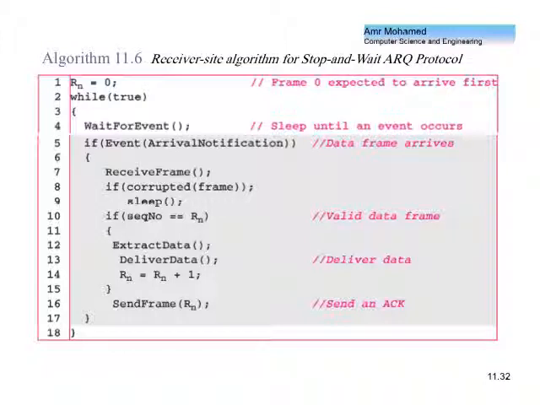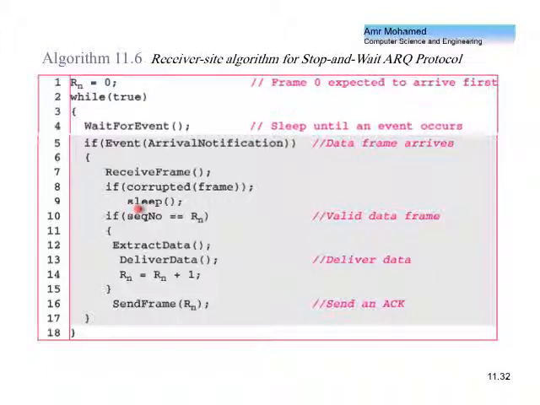So the frame arrives on the other side, and some of the bits have been toggled. In that case, the receiver will detect that this is a corrupted frame. A corrupted frame for the receiver is as if it never arrived, even if one bit is in error. Okay? So in that case, I will go to sleep, I will not do anything, I will wait for another event.